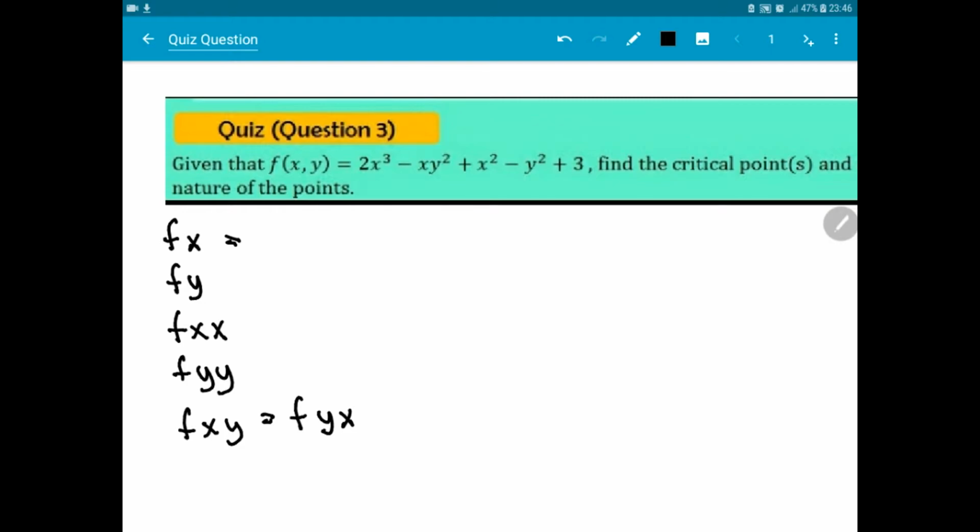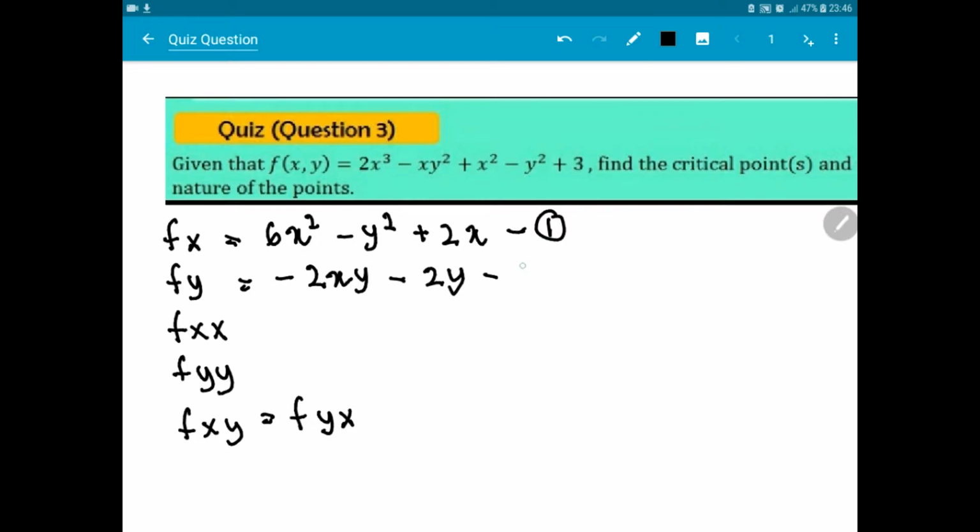For your information, fx, the first partial derivative, is 6x squared minus y squared plus 2x, which is equation 1, and fy is negative 2xy minus 2y, which is equation 2.